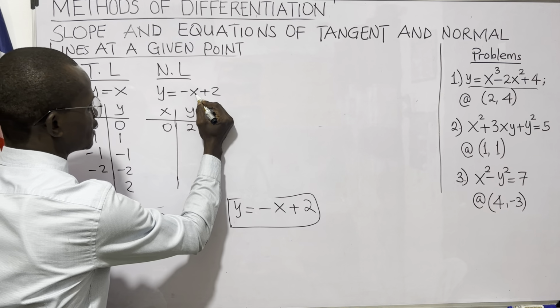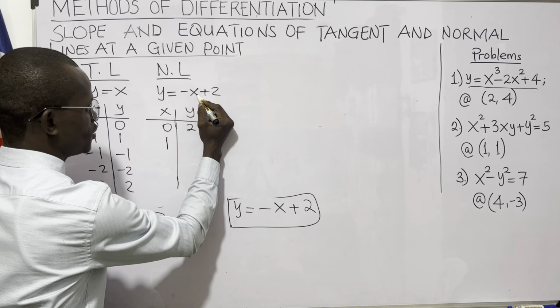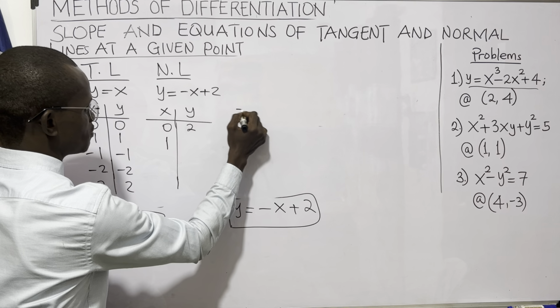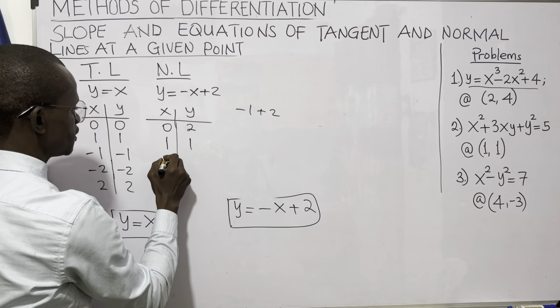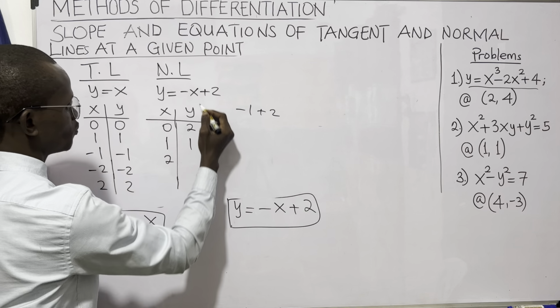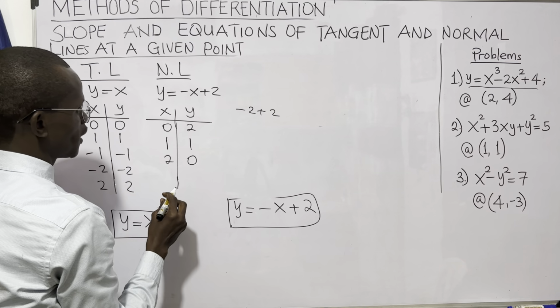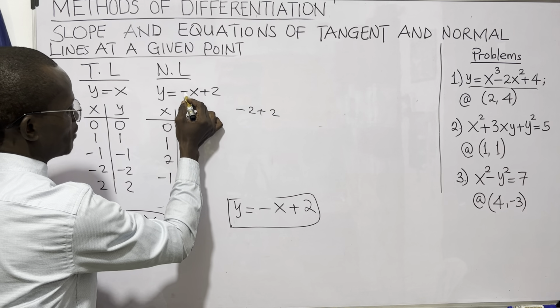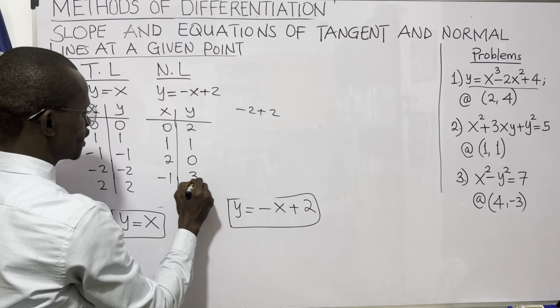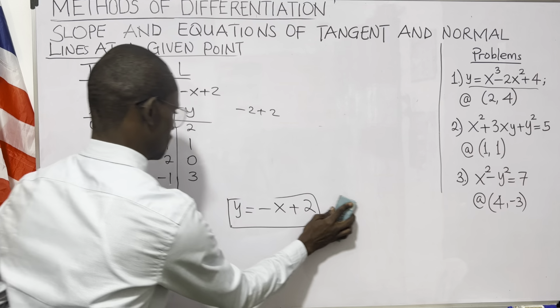When x is positive 1, y will be minus 1 plus 2, which is 1. When x is positive 2, you replace it with positive 2 and you have 0. When x is minus 1, minus and minus is positive, so it will be 3, and so forth. Let's not deal with too many values.